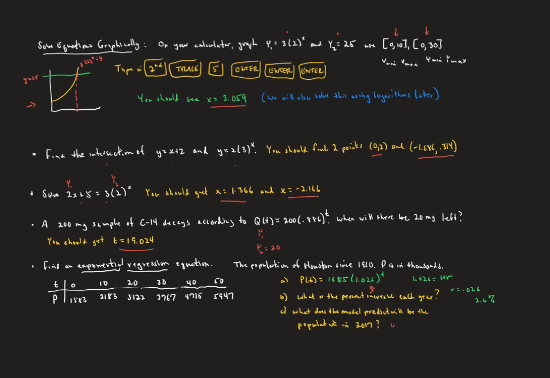You want to type in Y1 of 57 onto your calculator. It will then use all the decimal places of accuracy that it transferred over to Y1, and when you do that, I believe you'll get 7,437,000 as the population of Houston in 2017.